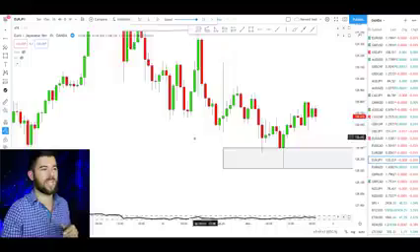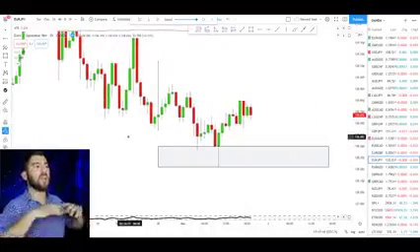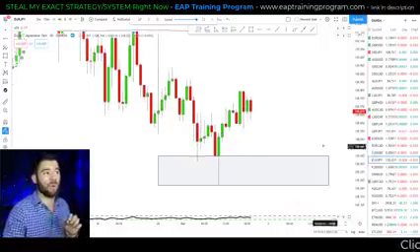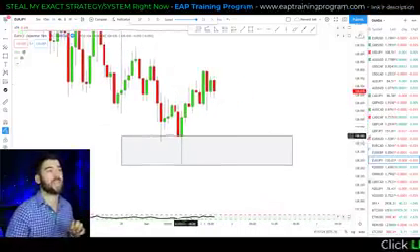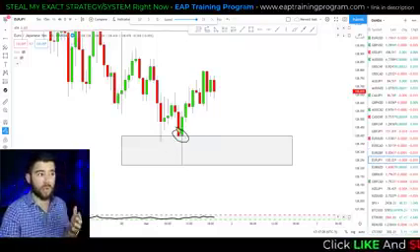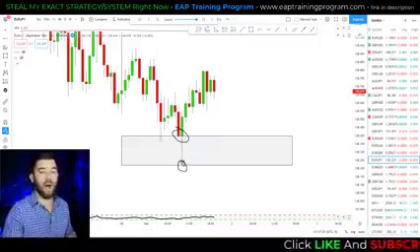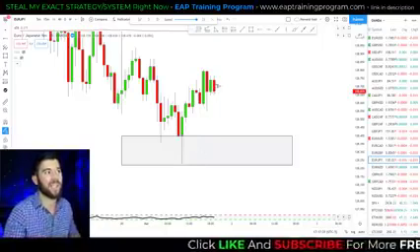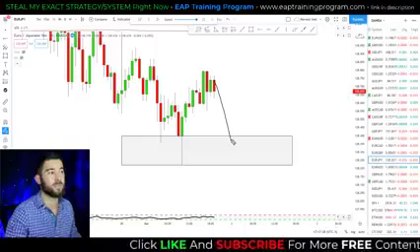Here we go. Okay, so at this point, it doesn't look like a double bottom, right? But I need an objective rule for how I'm going to enter a double bottom. So what I do at this point, whenever I see a bounce like this, is I place a box from the lowest bodies of this first low to the lowest low of this first low. That is what I call my termination point. What I want to see is the market retest this point.